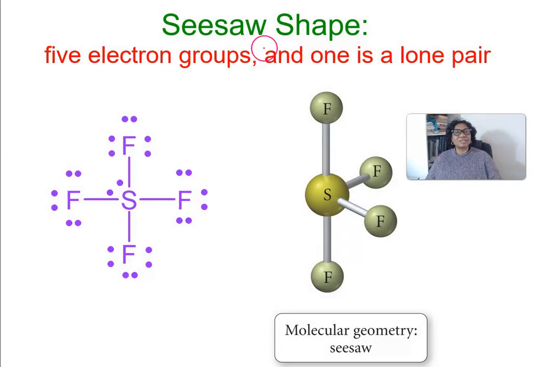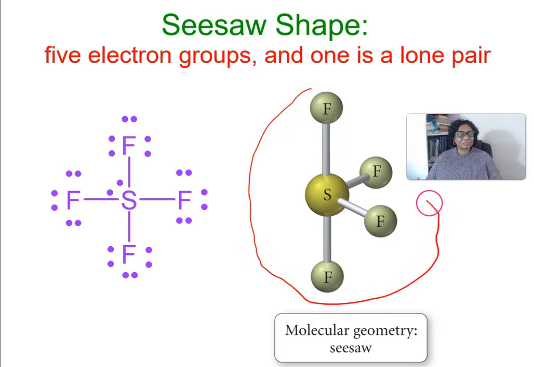So let's look at the seesaw shape. 5 electron groups and 1 is a lone pair. You see, this is how it looks like. Seesaw.